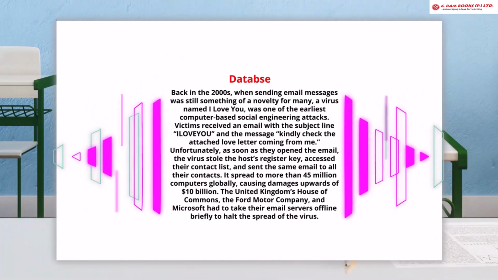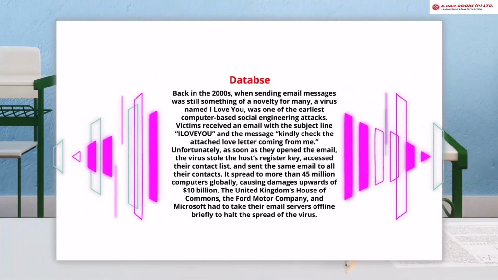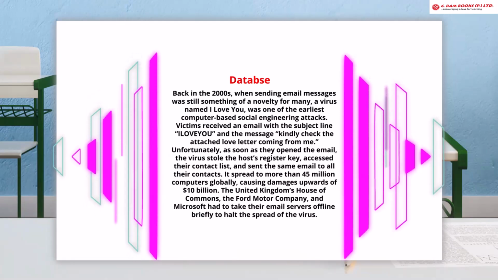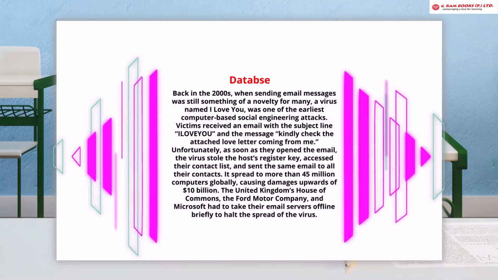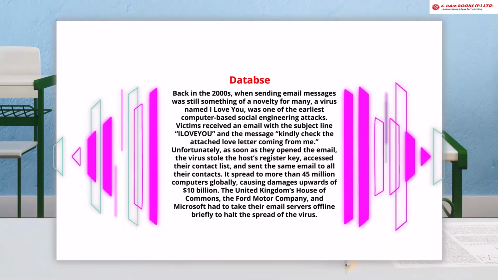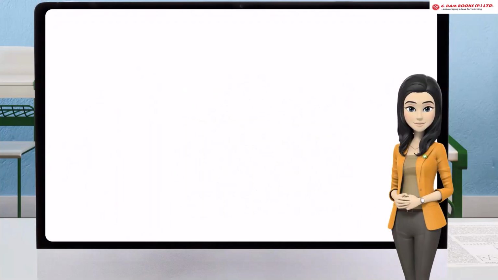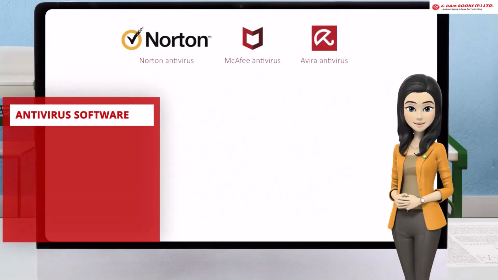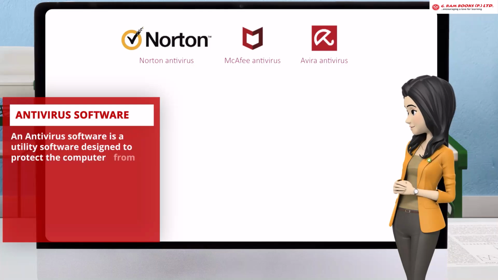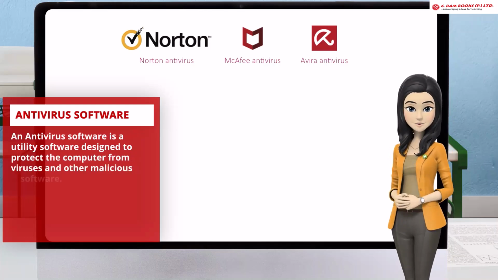Knowledge discovery. Firewall is a software device or computer that scans each incoming as well as outgoing message on a network and blocks those that do not meet the specified security criteria. Antivirus software. An antivirus software is a utility software designed to protect the computer from viruses and other malicious software.